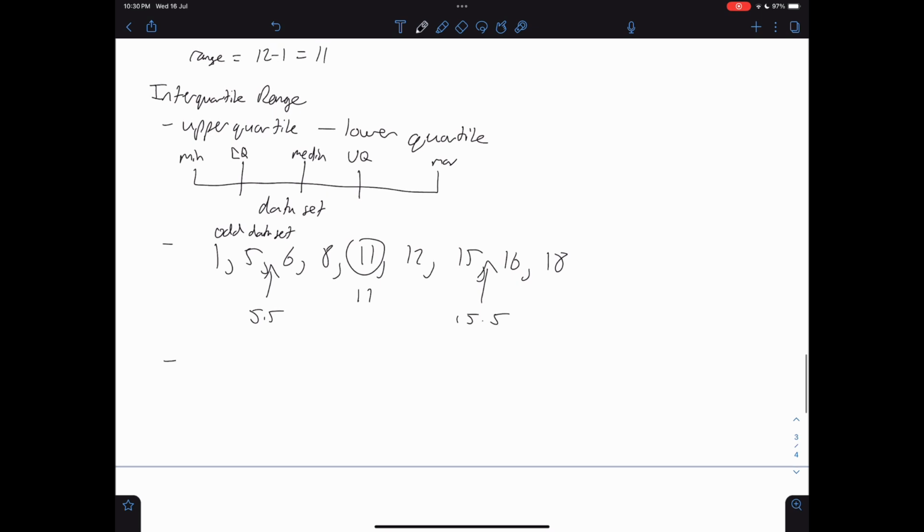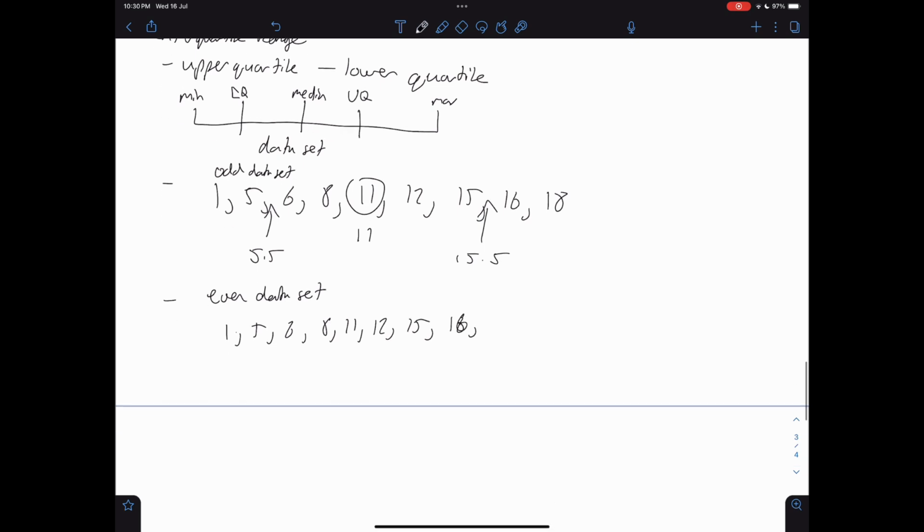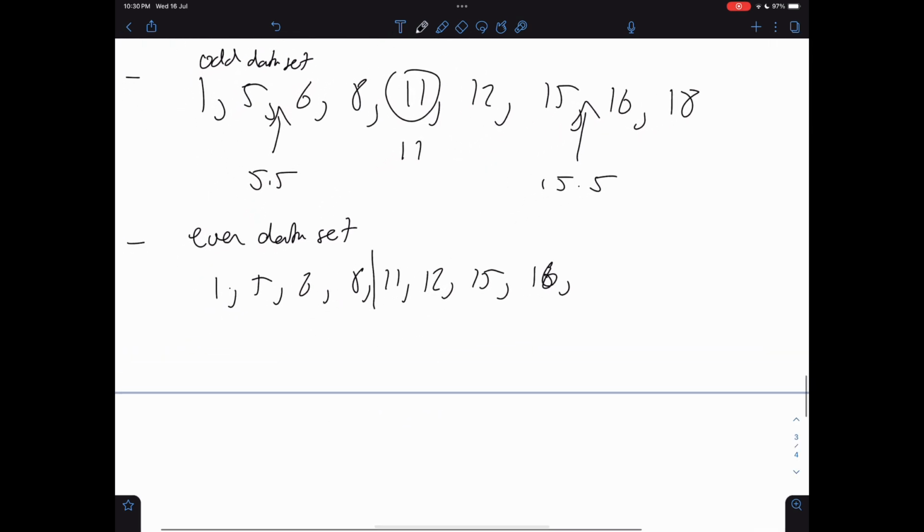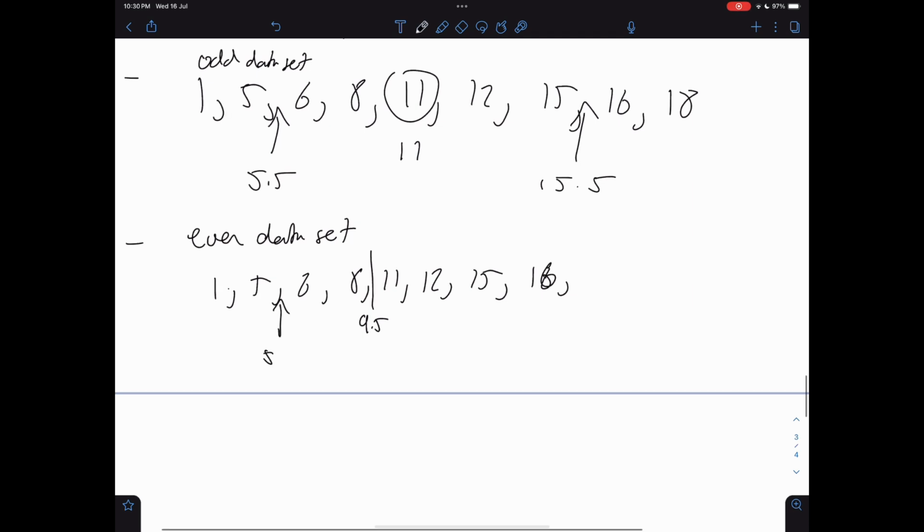Then an even data set. So if we just do the same thing again, but just leave off that 18, we'll find that we have our median here at 9.5, and as you know, you leave out your median and then just find the median of the lower half, 5.5, and the upper half, 13.5.